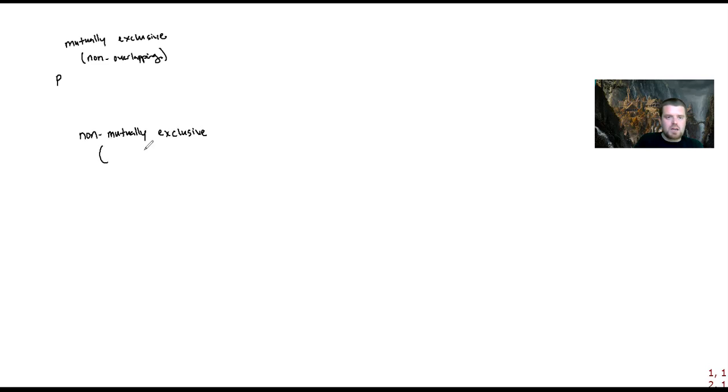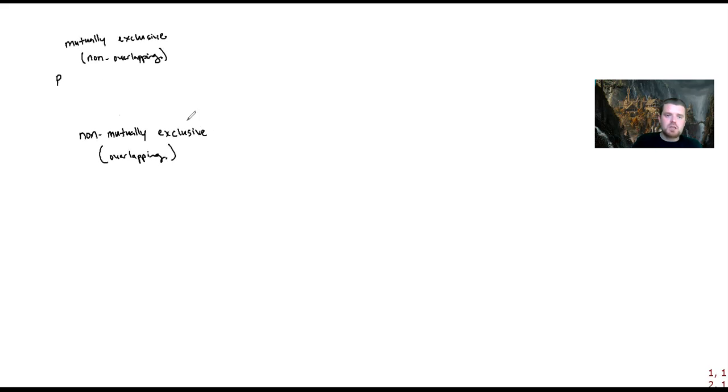So in the first example, we're looking at two events and there's no common ground. They're completely separate. They're not sharing anything in common. Whereas the second one, potentially, they are overlapping, which means they do potentially have something in common.